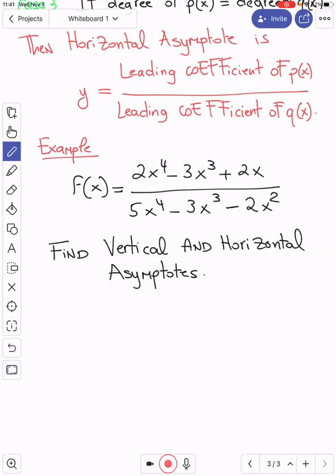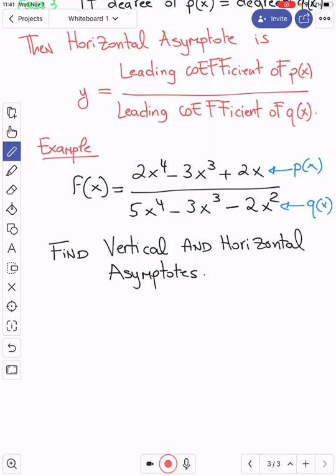The top is my P of x, the denominator is my Q of x. Of course this is a rational function because P and Q both are polynomials, right?